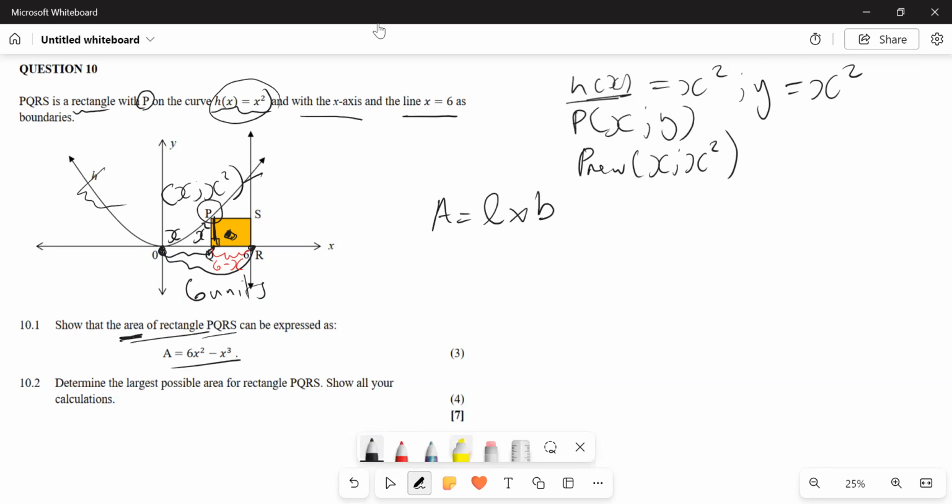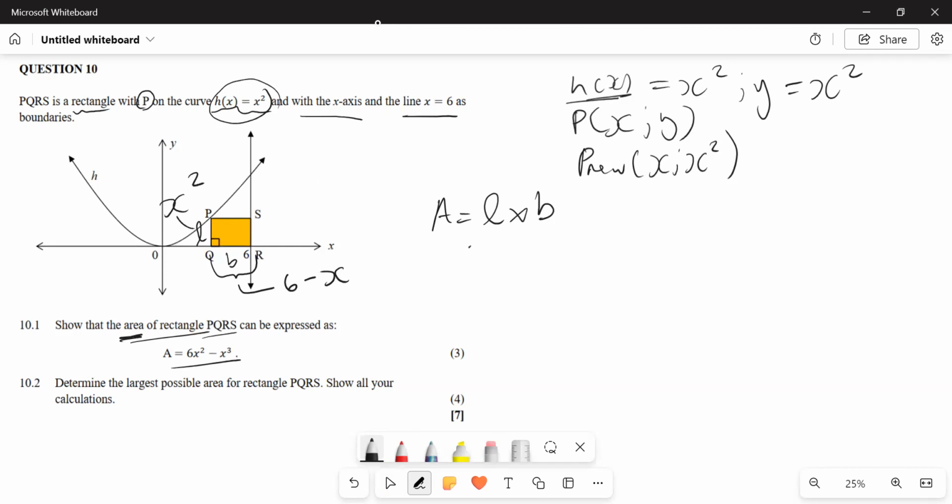Let's go back to our sketch and label our dimensions. QR is 6 minus x, and our length is x squared.